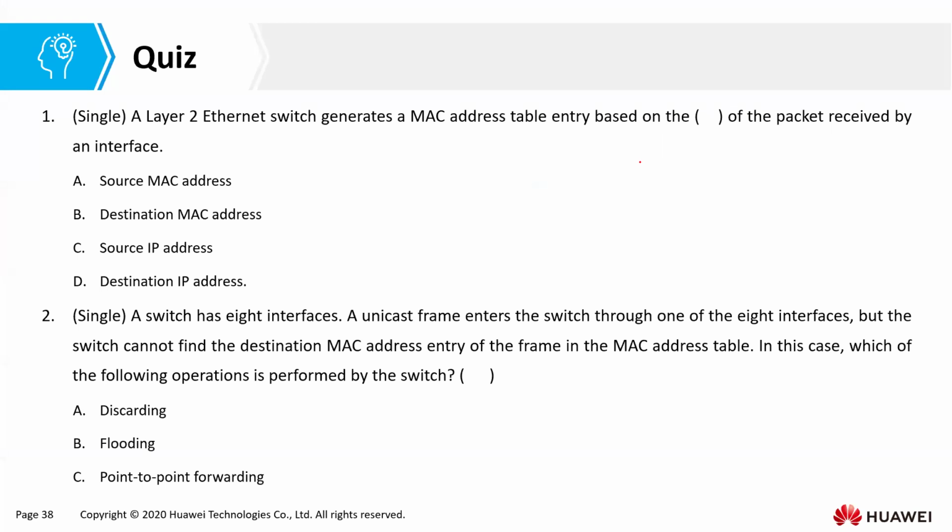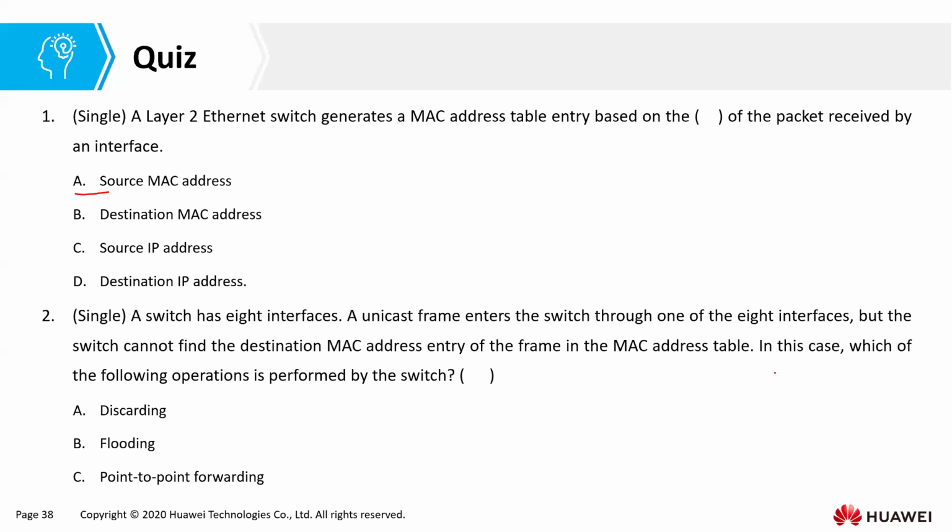A layer 2 Ethernet switch generates a MAC address table entry based on the source MAC address. A switch has 8 interfaces. A unicast frame enters the switch through one of the 8 interfaces, but the switch cannot find the destination MAC entry in the table.